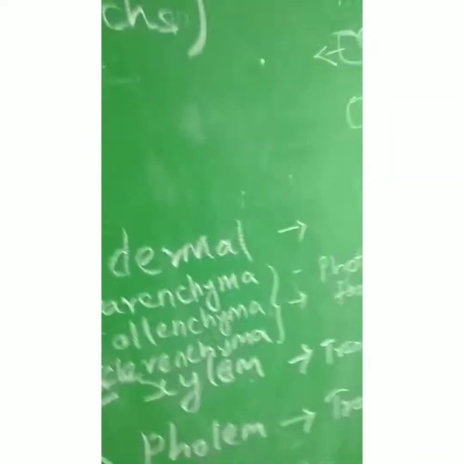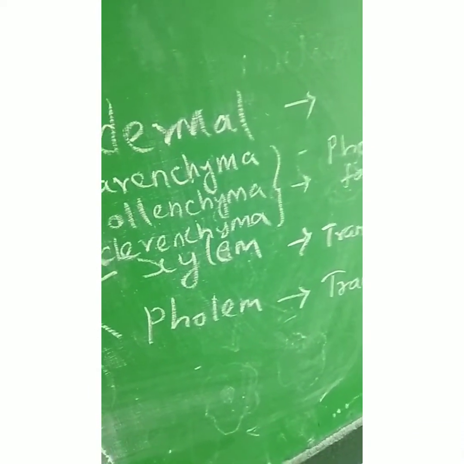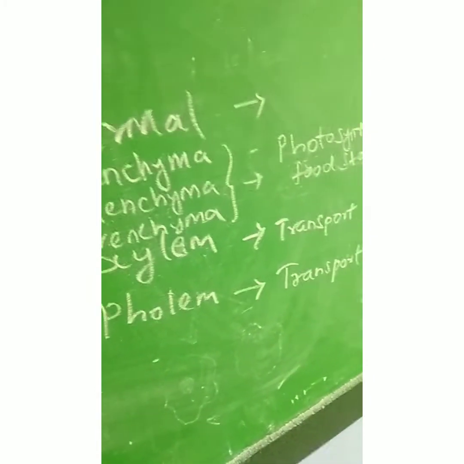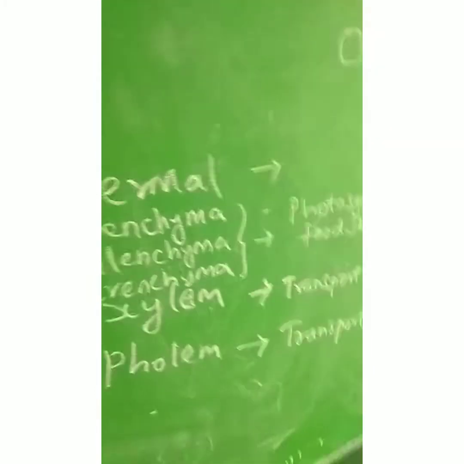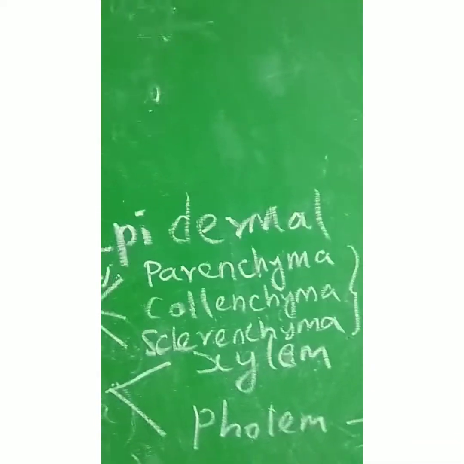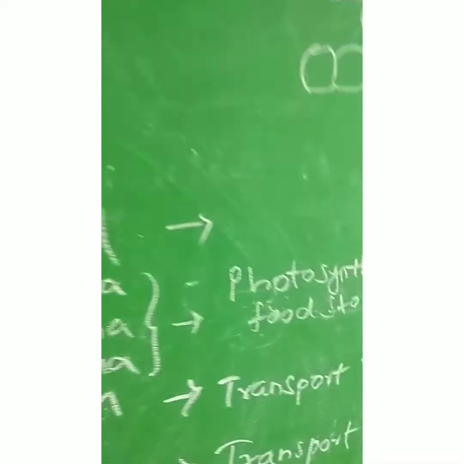The cortex region is made up of ground tissue. The ground tissue has three types of tissue: parenchyma, collenchyma and sclerenchyma. The majority, 90% of the cortex, is made up of parenchymal cells. The function of parenchymal cells is food storage.